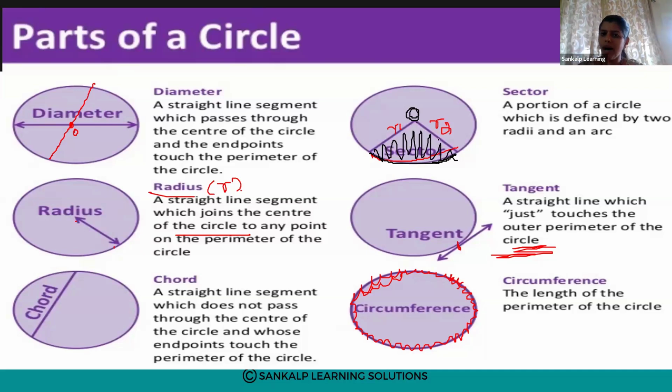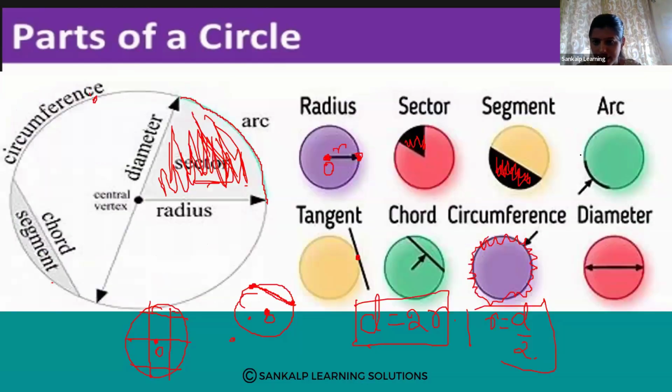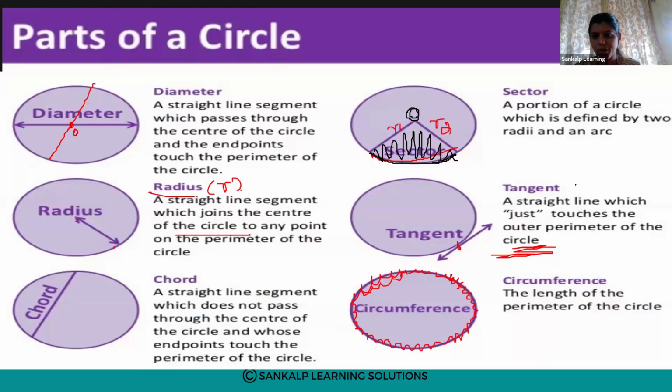What do you mean by arc? This part we call an arc. My dear children, remember, here we are going to observe two types of arc: minor arc and major arc.